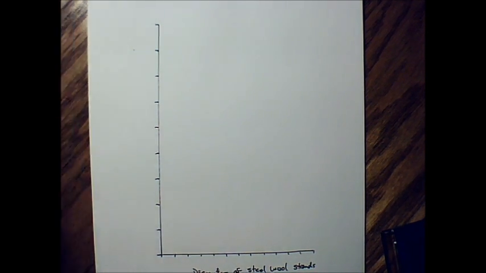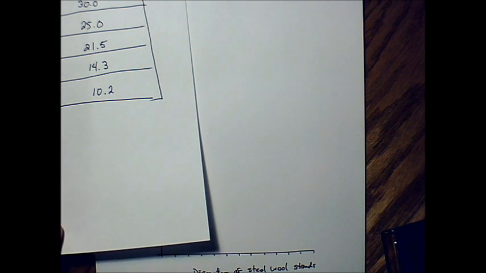I'm going from 0.06 up to 0.10. So what I want to do is spread all my data out as wide as I can get it. Okay, so let's say I make this 0.1, and this is 0.09, and this is 0.08, 0.07, 0.06. Diameter of the steel wool strands in millimeters.